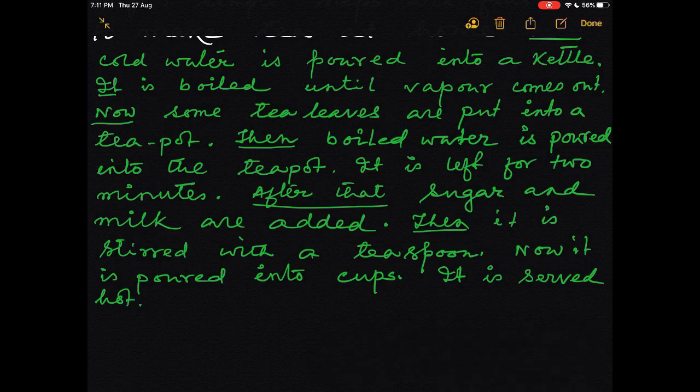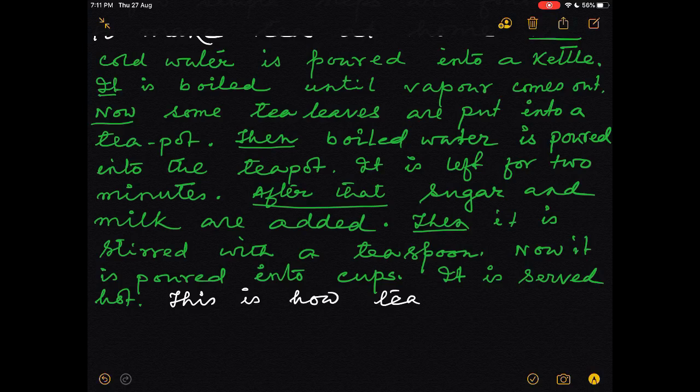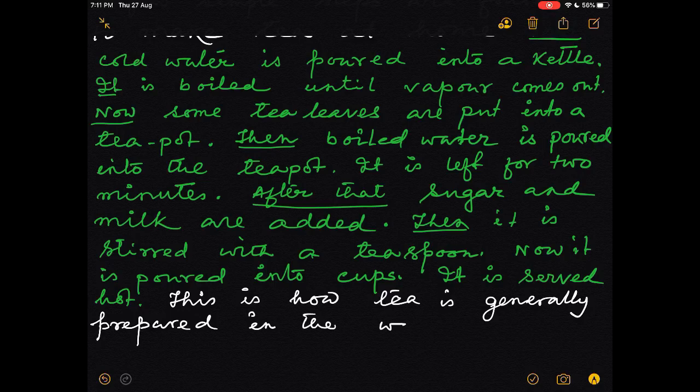So this is how tea is generally preferred in the world.